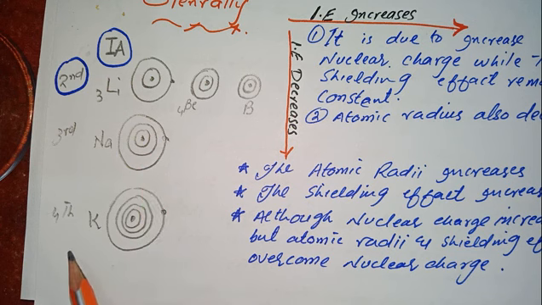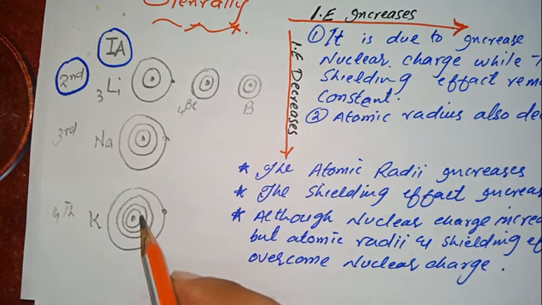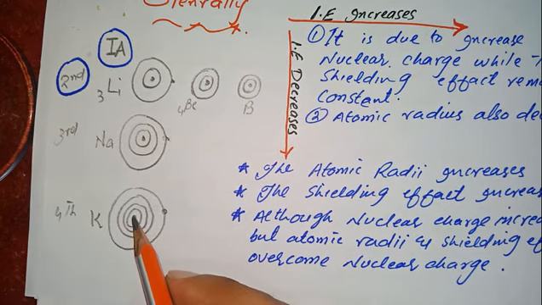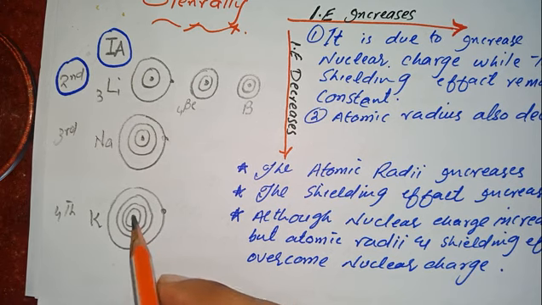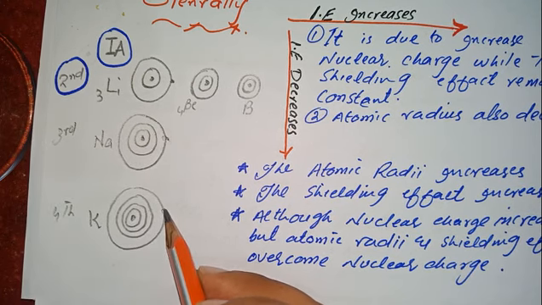Then there are 2 factors responsible for it. Number 1, atomic radius increases, which decreases ionization energy. Secondly, the shielding effect: the electrons between the nucleus and the valence shell go on increasing, which reduces the attractive force of the nucleus on the valence electron.